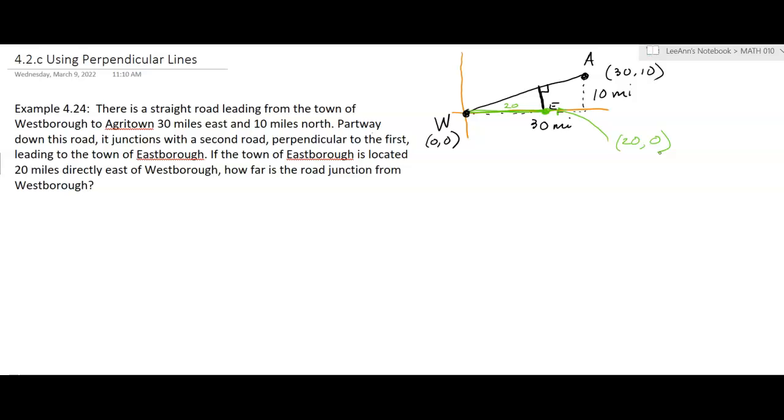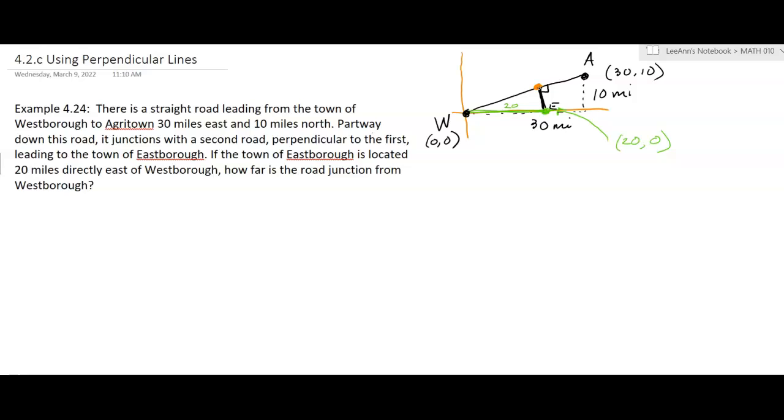If the town of Eastboro is located 20 miles directly east of Westboro, how far is the road junction from Westboro? So we're trying to find this point right here. I don't think I drew my perpendicular line very perpendicular. There we go. So we're trying to find that point.